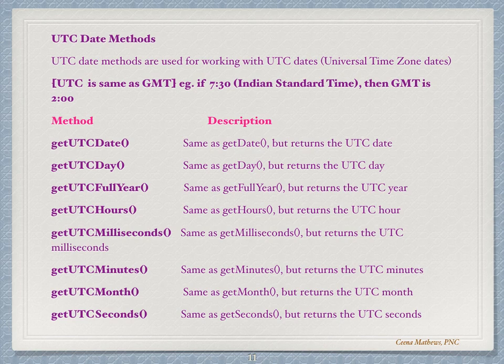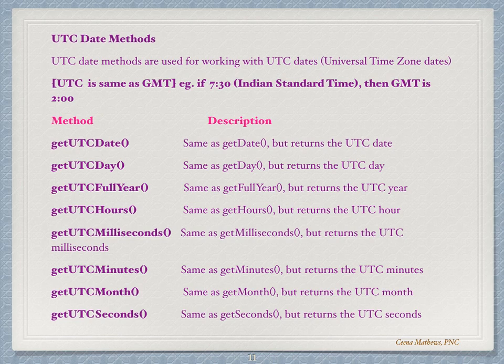So that is getUTCDate, same as getDate method, and getUTCDay is similar to that of getDay. getUTCFullYear is same as that of getFullYear, but returns the UTC year, which will be same as the year that you get when you use getFullYear. getUTCHours will get hours.